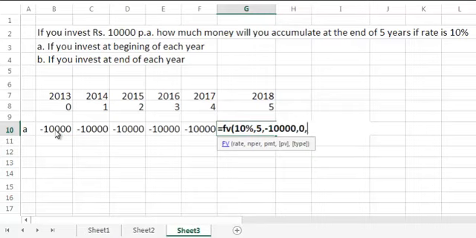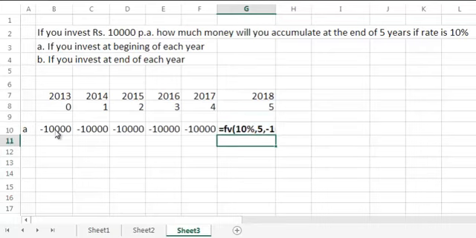So the important thing to remember is that if we want to let the system know that in this question we consider cash flows at the beginning of each period, we have to put type as 1. Type 1 means cash flows occurring at the beginning of the year. So the answer comes to 67,156 if you invest 10,000 rupees at the beginning of each year, which means you invest with the type 1 pattern.